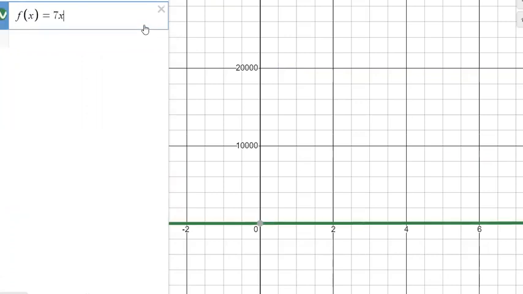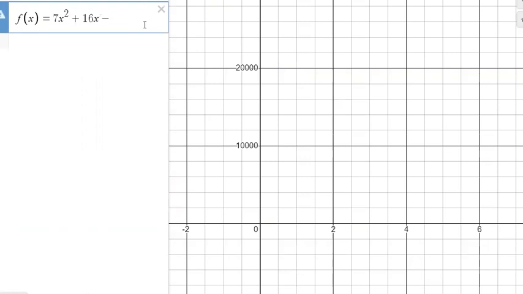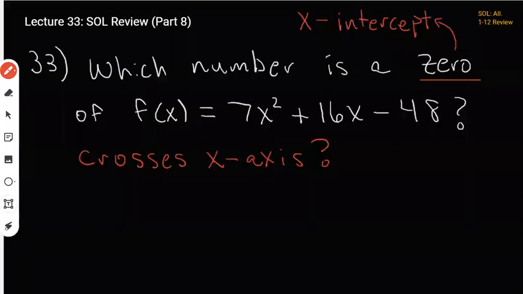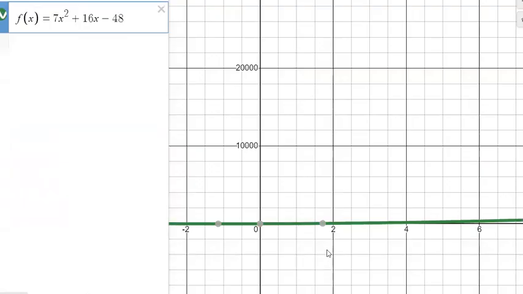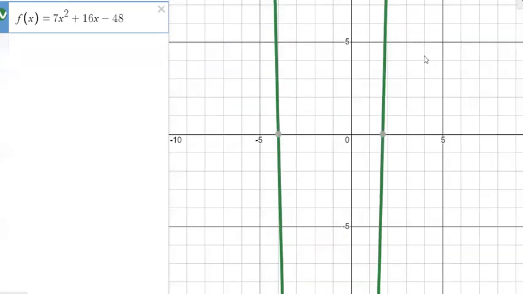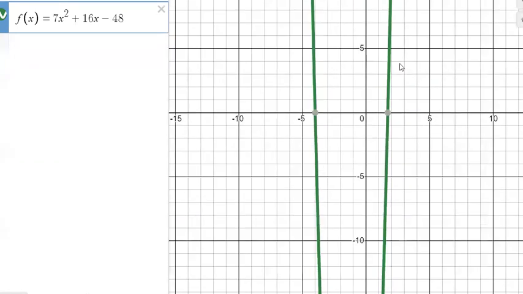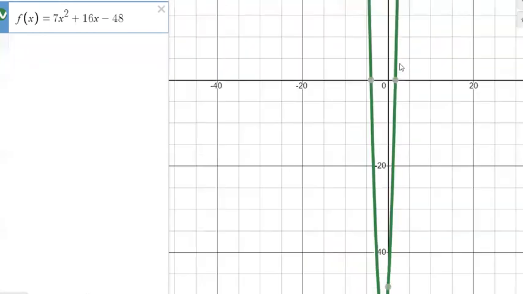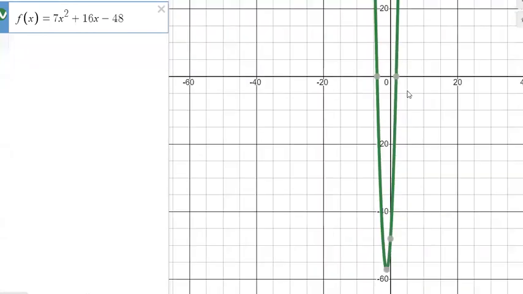So I need 7x squared plus 16x minus 48. I think that's it. Yeah. Where does it cross the x-axis? I need to hit the home button so I can see it a little bit better. And then I'm going to zoom out a little bit, and this is my graph.